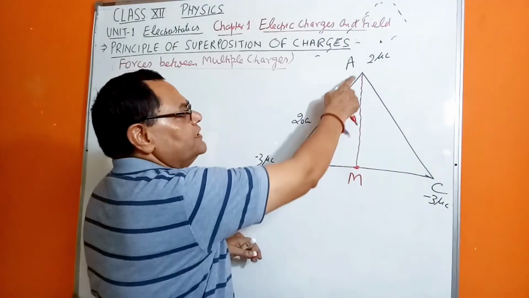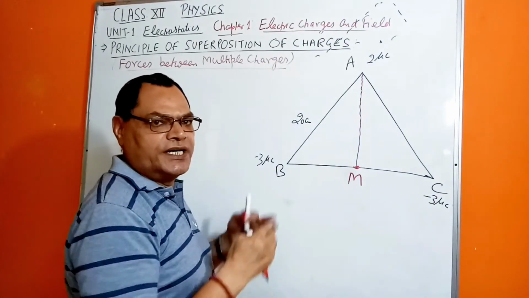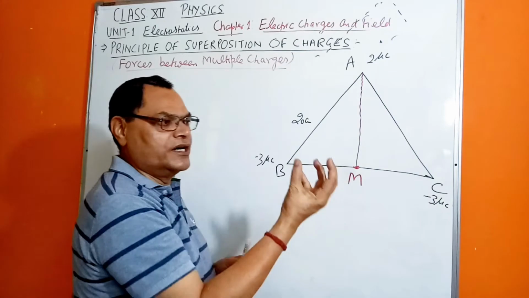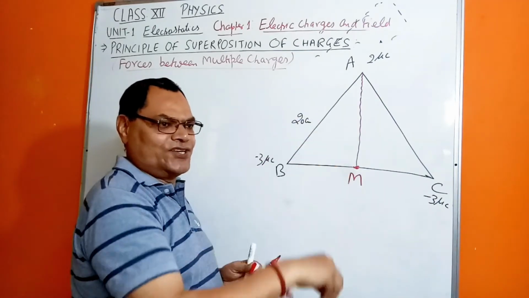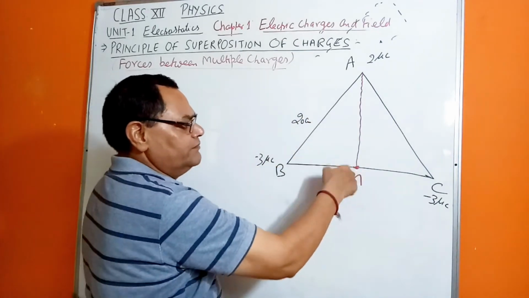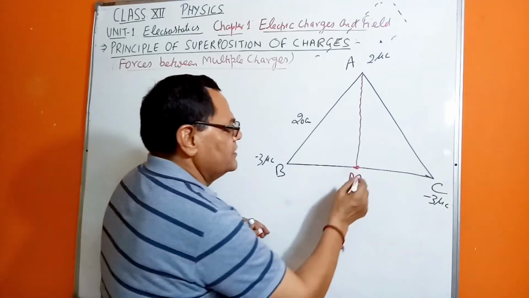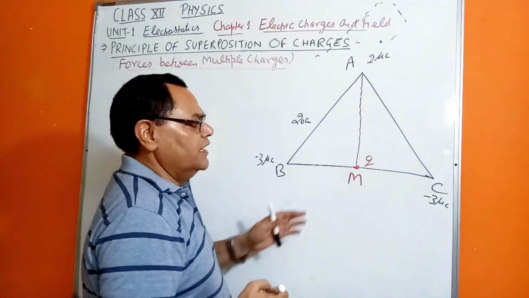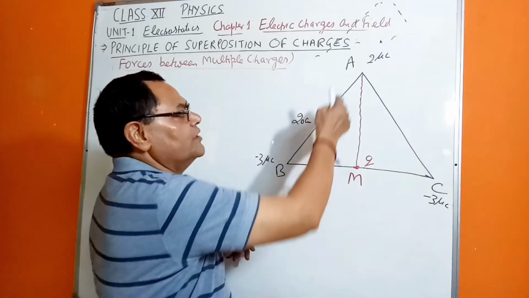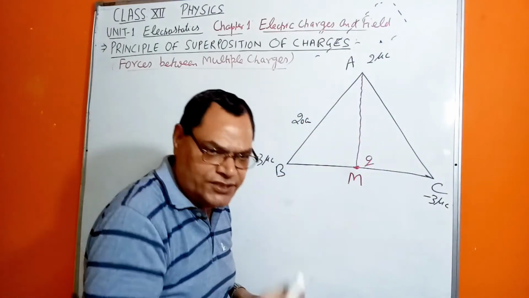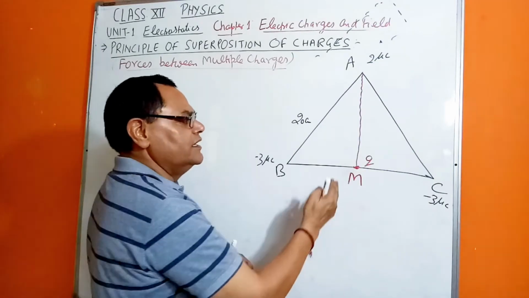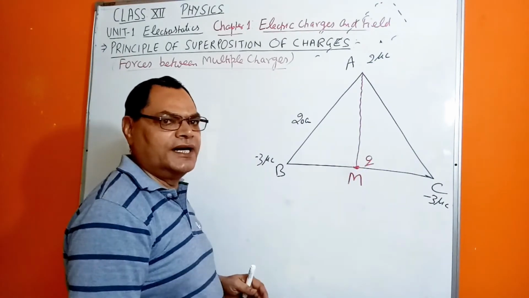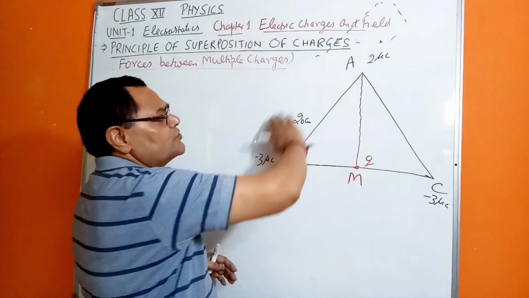First of all, we need to find out the total force at A due to B and C, and we will come across the numerical value and the direction. Depending upon that, we will place some unknown charge, say small q, here. And of course the nature can be found out, because we will see the direction of the force. Accordingly we will answer what should be the nature of this charge, whether positive or negative.